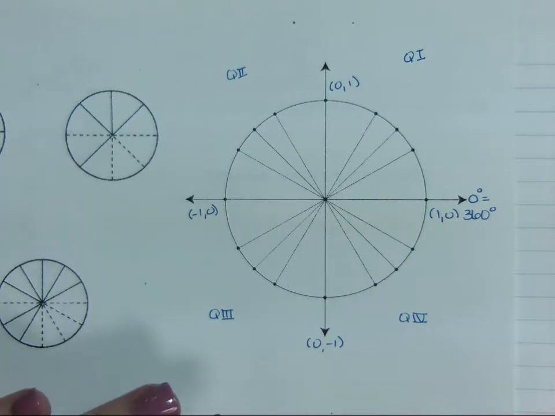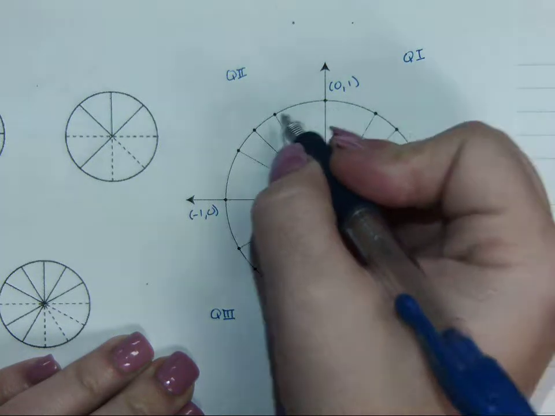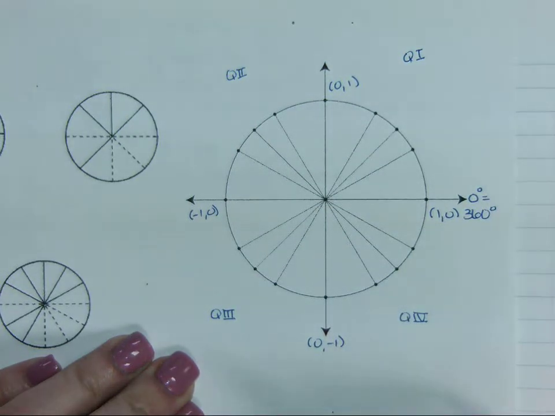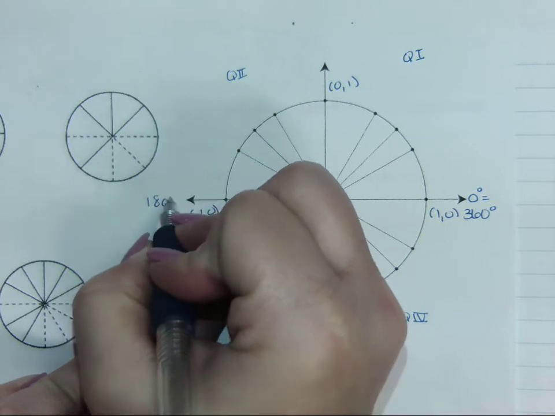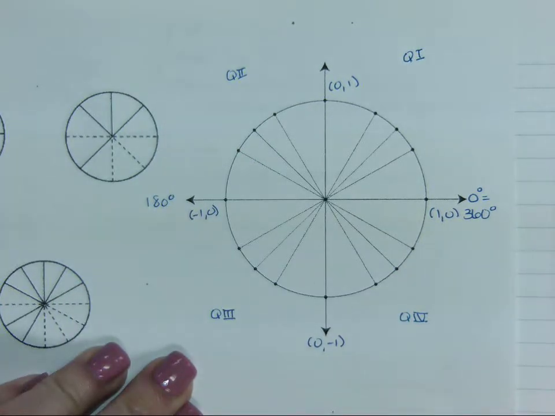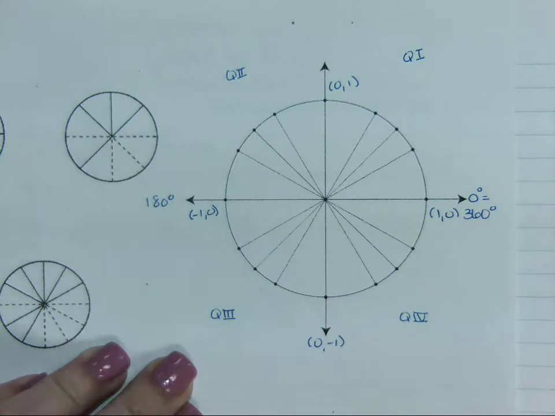So again, one full rotation would be going all the way around, 360 degrees. A half of a rotation would be stopping right here at 180 degrees. Again, I'd be taking 360 and cutting that in half to get 180. Or we could do what we call quarter rotations.